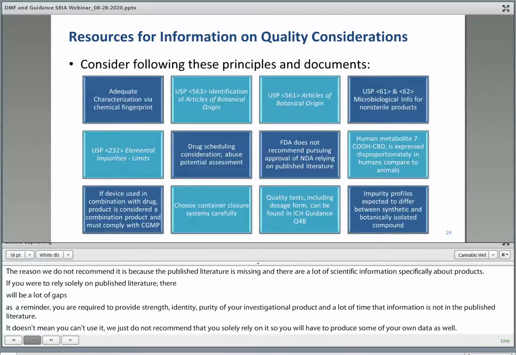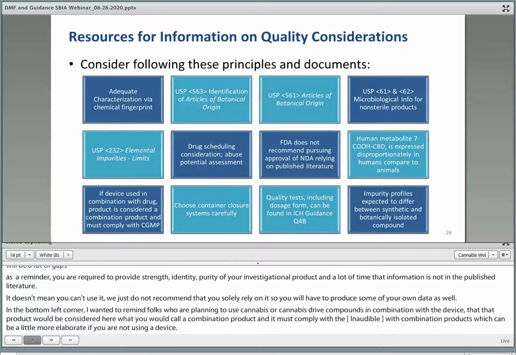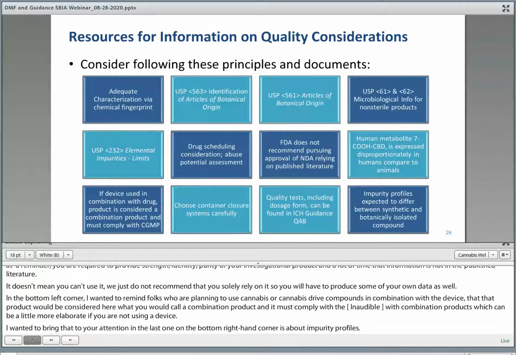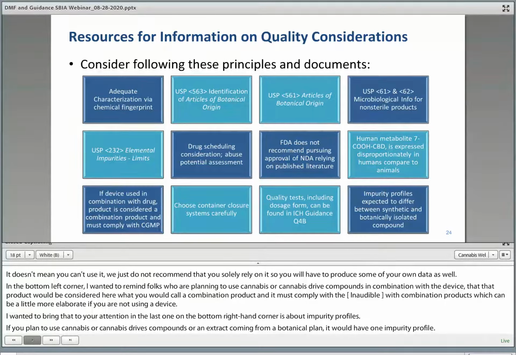And the last one on the bottom right corner is about impurity profiles. If you plan to use cannabis or cannabis-derived compounds or an extract coming from a botanical plant, that will have one impurity profile. Or if you're planning to use a cannabis-derived compound that is synthetically derived, maybe more of that cannabis-related compound that we talked about earlier, then that will have a separate impurity profile.